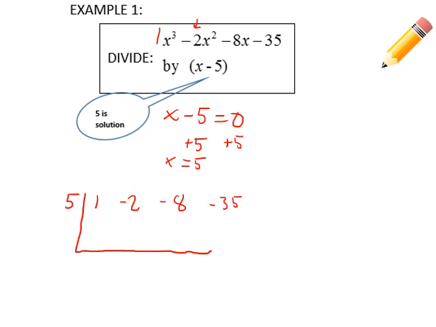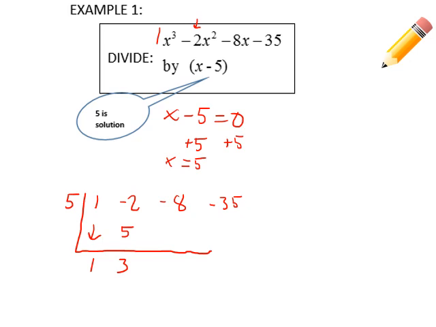Now, we always bring our leading coefficient down. We multiply our solution, 5, times that coefficient, 1, to get 5. On the inside, I just combine those, right? Add them. -2 plus 5 is 3.